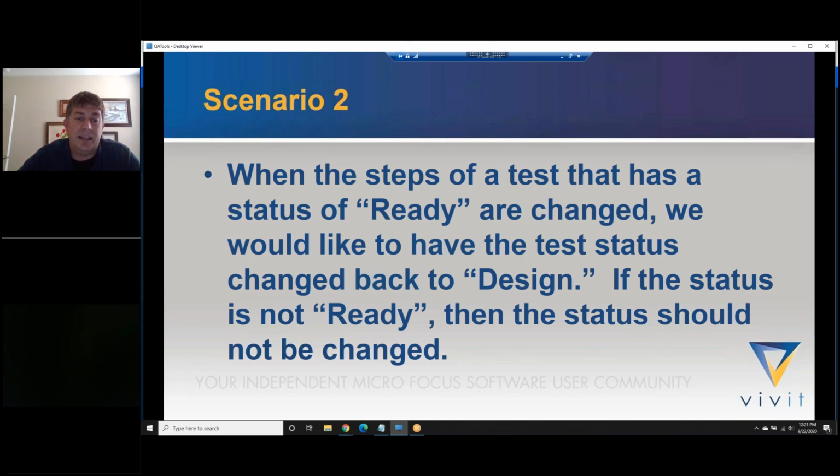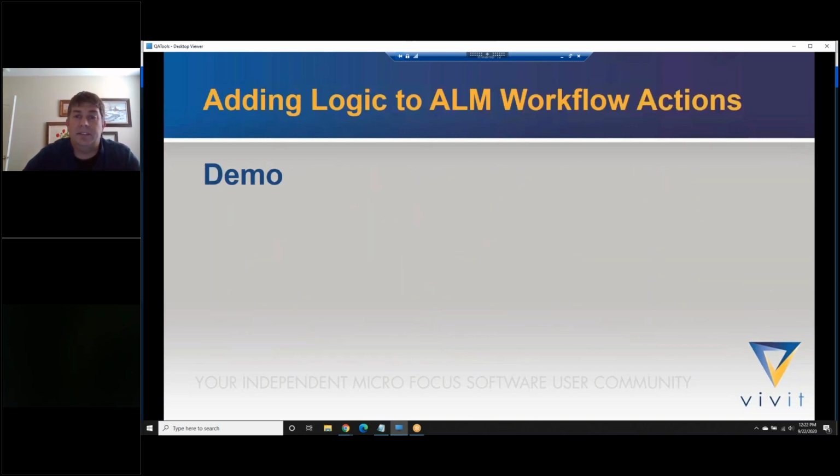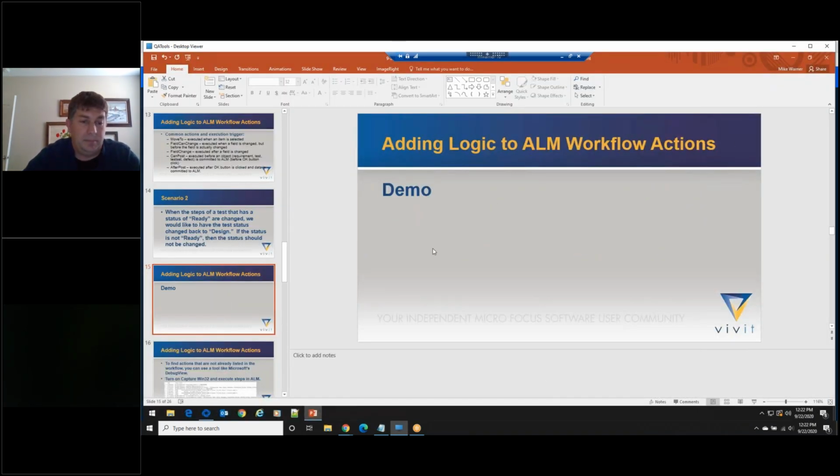But if the status is not ready, say it's in error status or something like that, we'll just leave it there because we know some people are probably actively working on it. So only if the status is ready, when a step changes, do we want to change it back to design. So let's take a look at what this actually looks like.